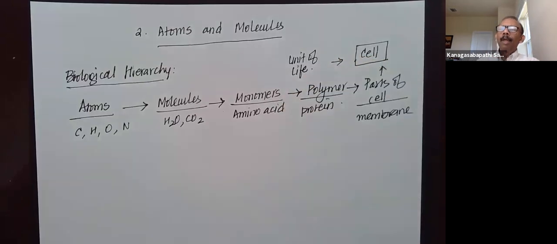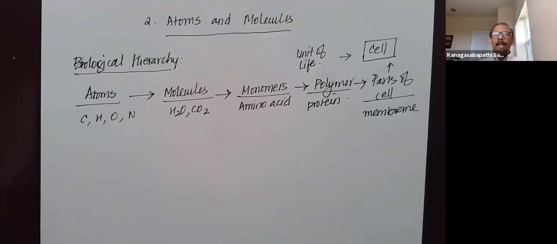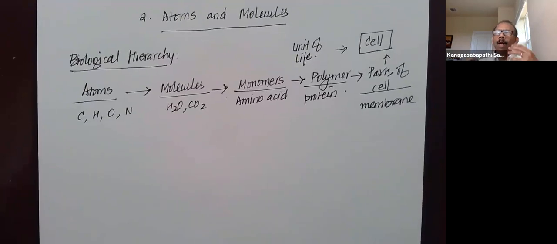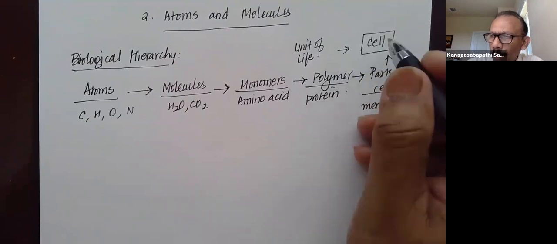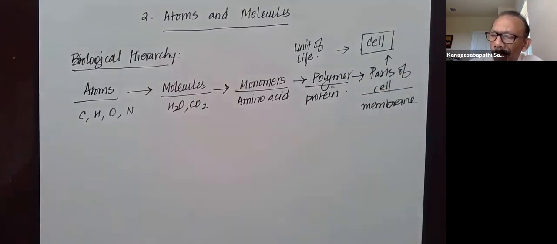Okay. So this is the beginning of how living organisms start to exist. The rest of the hierarchy can go cells make tissue and organ system, organism. It's a higher level, but this is the beginning. How do they do that? That's a question we're asking.